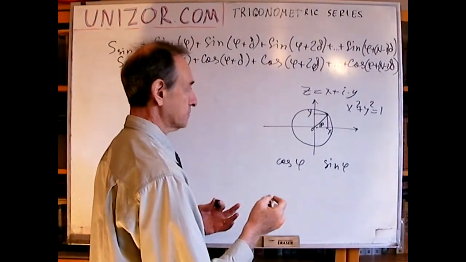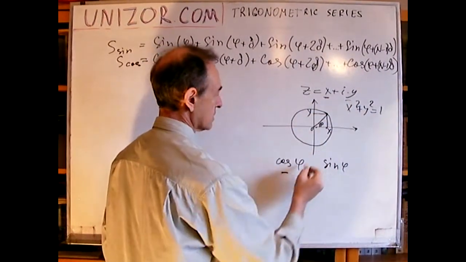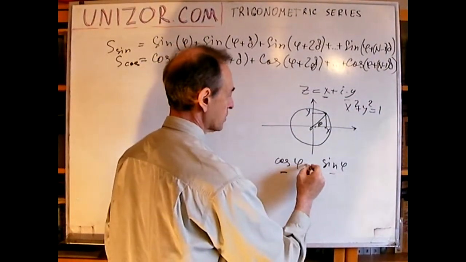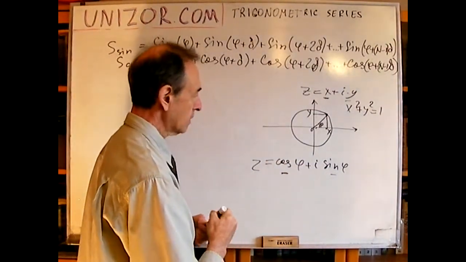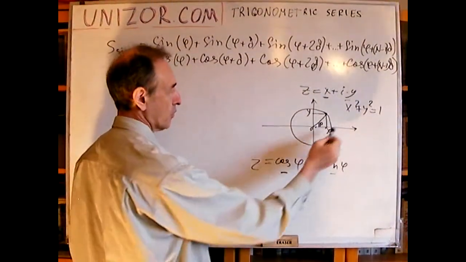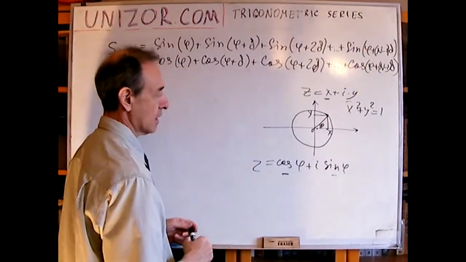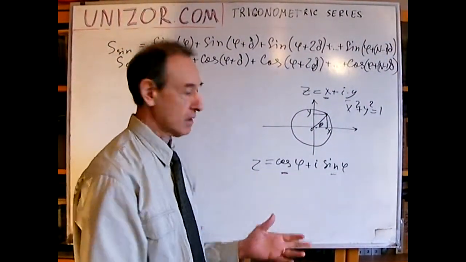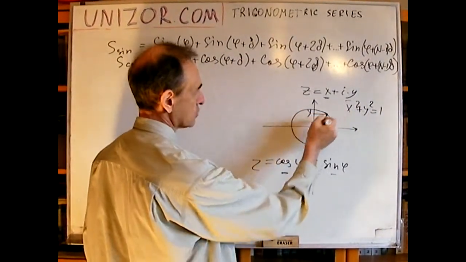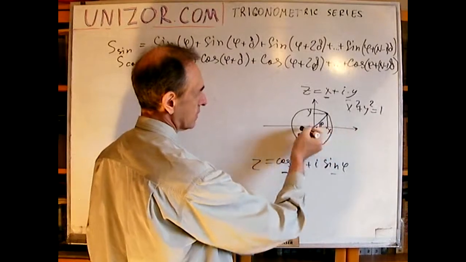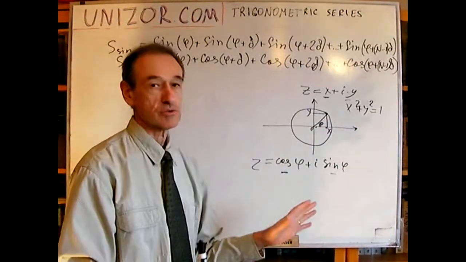Which means that x is equal to cosine and y is equal to sine. So any complex number with modulus 1, which lies on the unit circle around the origin, can be expressed in this way, where phi is the angle which the radius to this point makes with the positive direction of the x-axis. All right, so I just reminded you this.